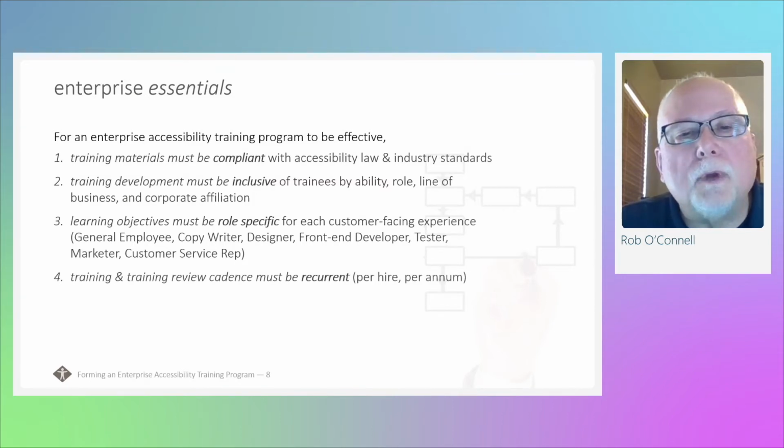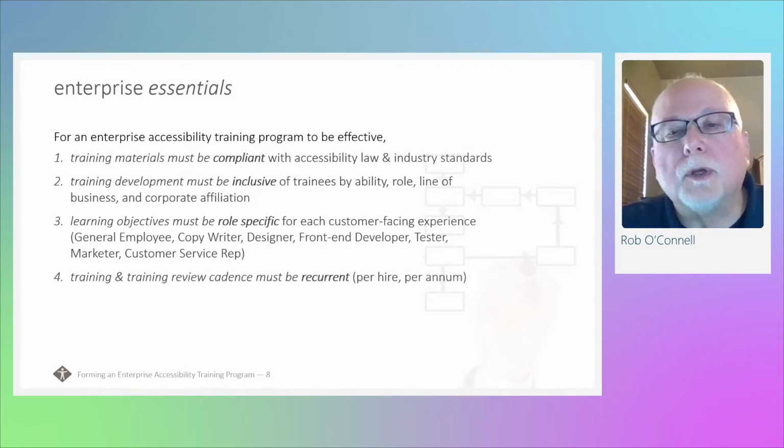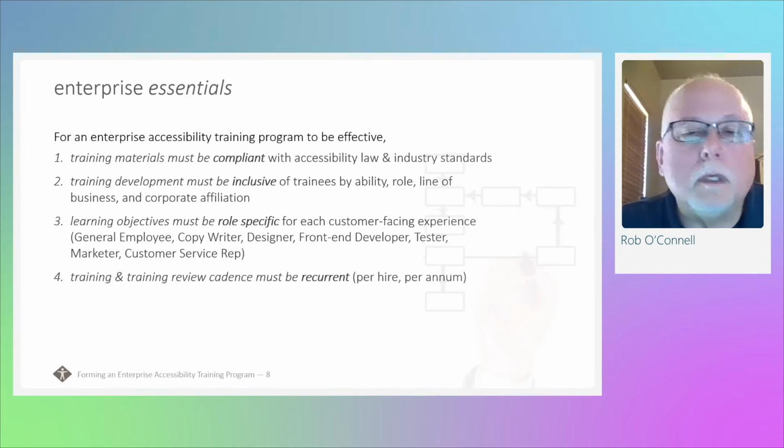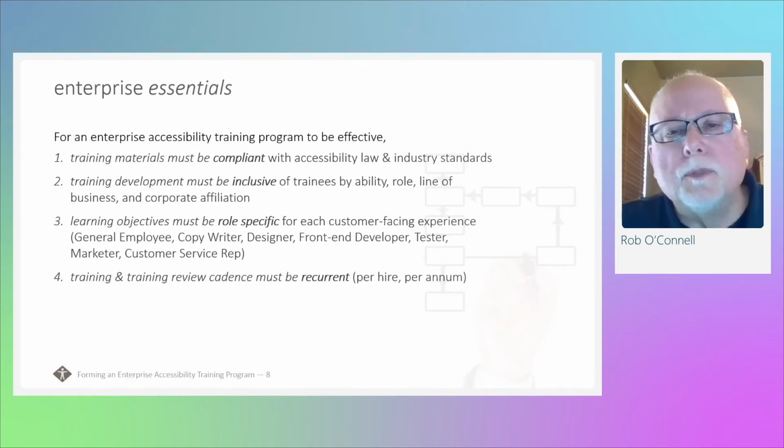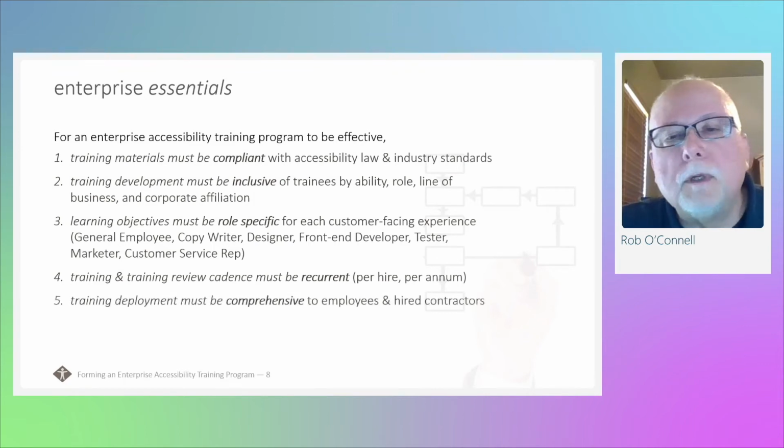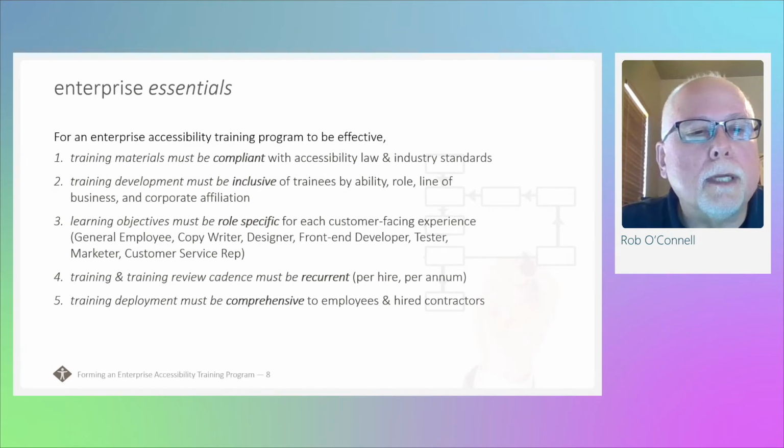Training would have to have a review cadence that was recurrent in order for it to be truly enterprise, truly robust and measurable. And we would have to make sure that training was part of a scheduled process of exposure, whether at the moment of hire or on a regular basis recurring.